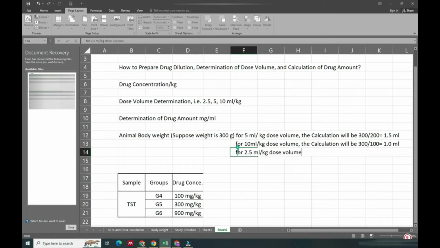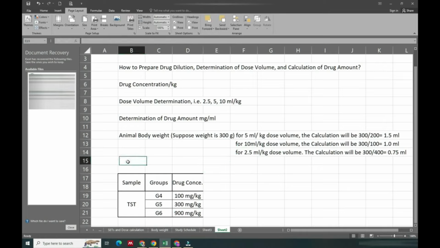And for 2.5 ml per kg, in a special case, sometimes we have to induce the animals with some drugs. So in that condition, for an IP dose we are selecting a maximum of 2.5 ml per kg, and then for the dose calculation you have to divide 300 by 400, and the result is around 0.75 ml, so the dose will be 0.75 ml.